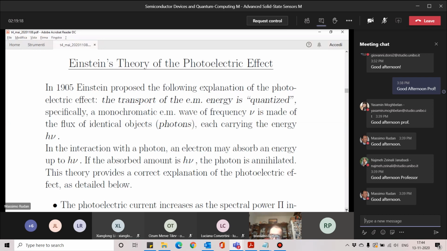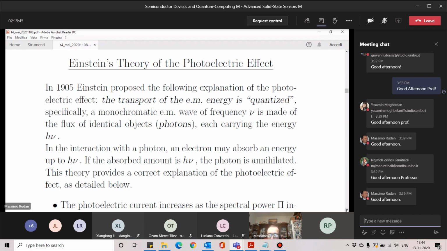In other terms, when we increase the frequency of the radiation in the photoelectric experiment, we increase the energy of the photons, so that the blocking voltage increases.